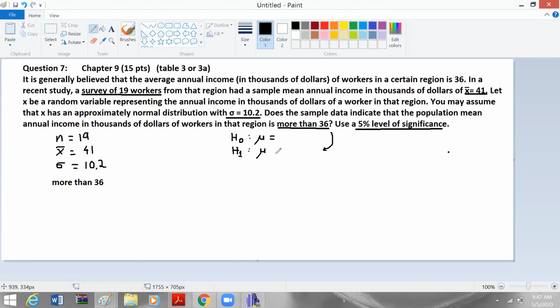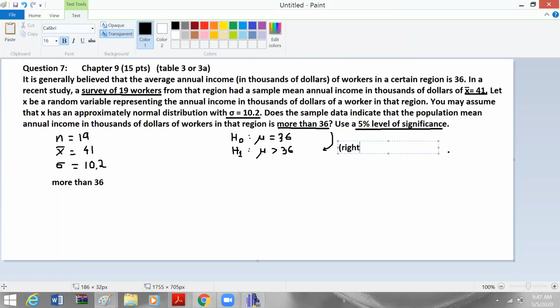So H1 is greater than 36, and H0 is equal to 36. Again, this is a right tail test, because it tests on more than.